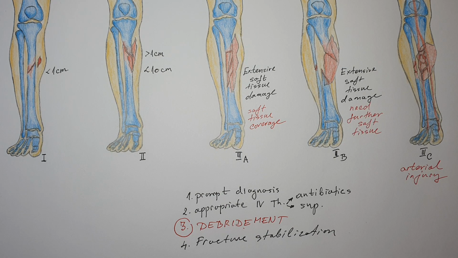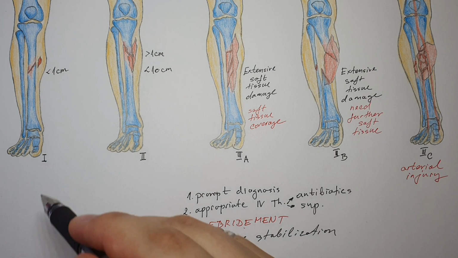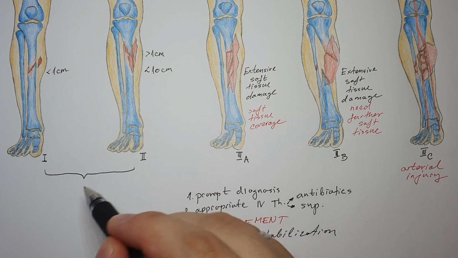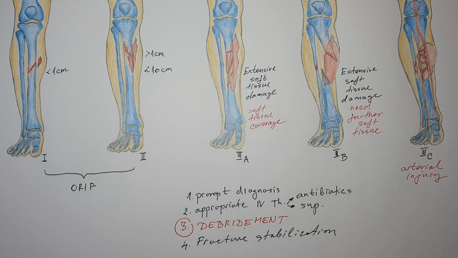So most of the fractures, especially the first and the second grade, can be fixed in the first operation, similarly to closed injuries, especially if we see that there is no big contamination, that there is no risk for infection, and if the wound edges can be closed without or with mild tension. Here we can, in the first act, do an open reduction and internal fixation with, for example, a plate.